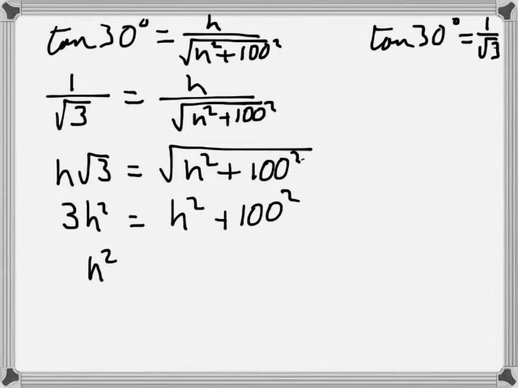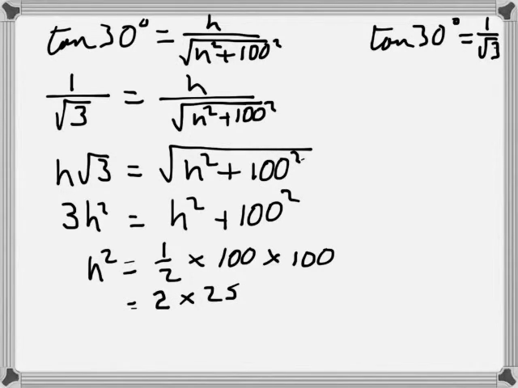So H squared is going to be a half times 100 times 100, which is going to be 2 times 25 times 100.